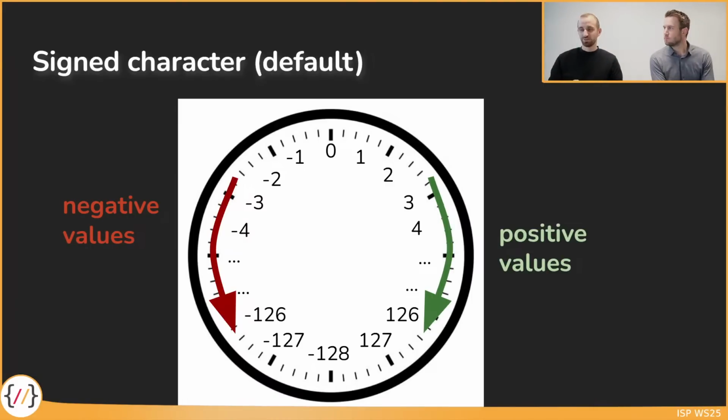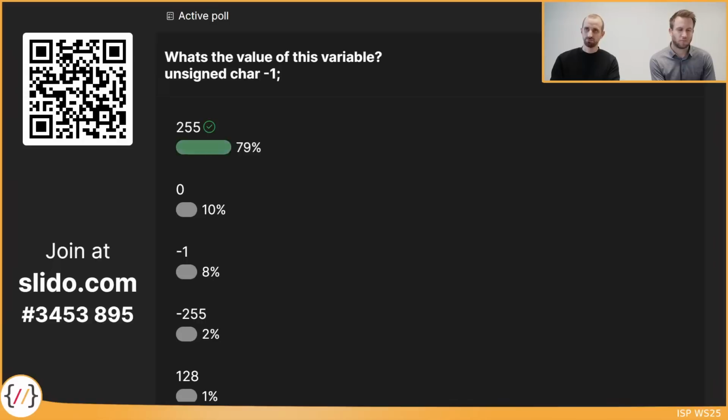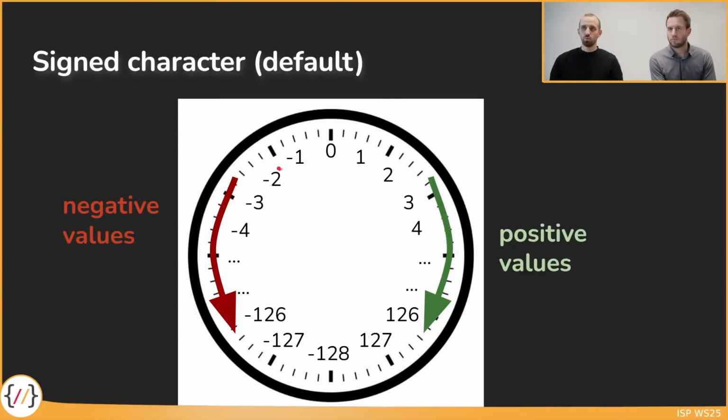But this has one downside here, because as you can see now, when we have unsigned, we can represent 256 different numbers, starting from 0 to 255. Here it's only half, because half of them are positive values, from 0 to 127, and half of them are negative values, from -1 to -128.